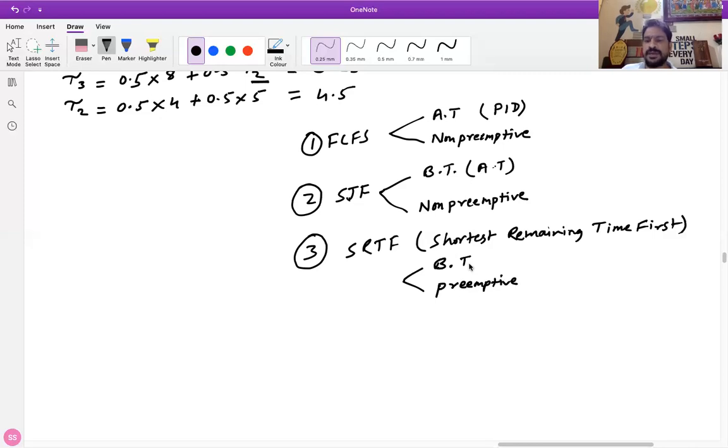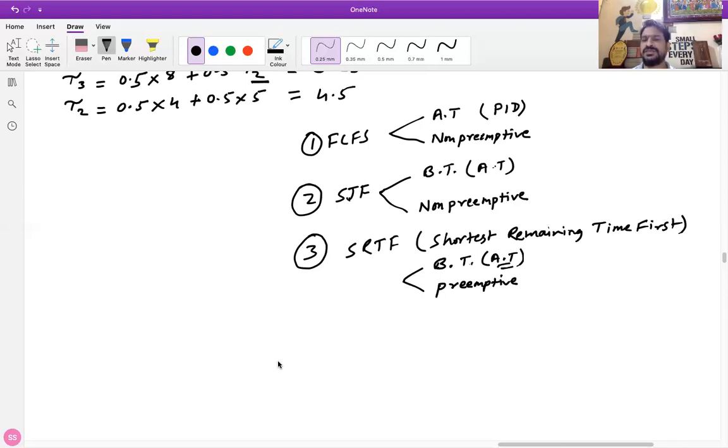Here also the tiebreaker is the same, arrival time. We'll see when we need this tiebreaker in this particular scheduling algorithm.